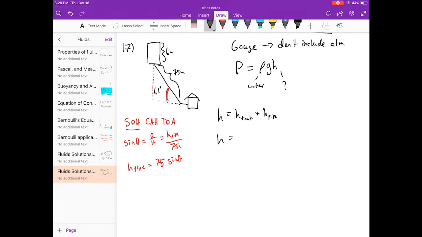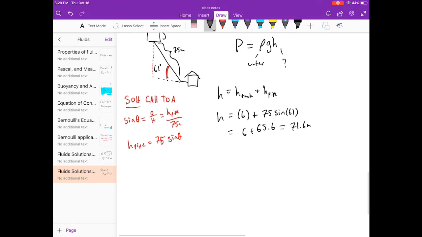So our height is equal to 6 meters for the tank height, because that is full of water, plus the pipe height, which is 75 times sine of 61 degrees, and that's going to get us 6 plus 65.6, roughly. Depending on how you round, you might have a slightly different answer, but it's going to get us about 71.6 meters.